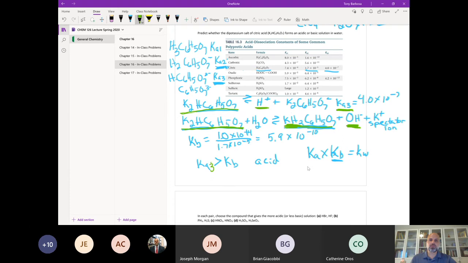So we're comparing the two equations: which is going to be larger, the Ka3 of the first equation or the Kb of the second equation? Since the Kb of the second equation is smaller, we say it's going to act as an acid, because 10 to the minus 7th is larger than 10 to the minus 10. All right.